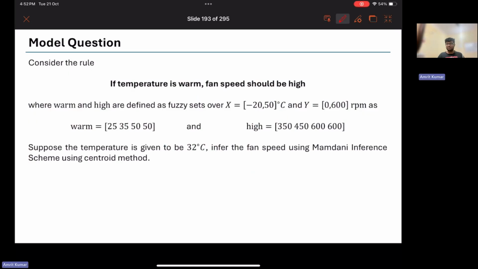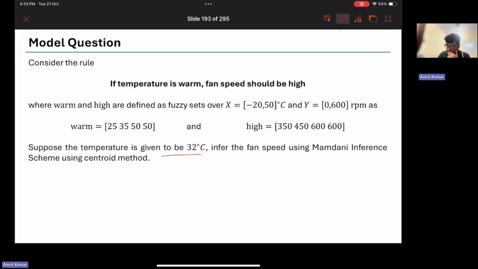Okay, now we have the same question as before, but now we are given a particular input value, namely the temperature equals 32 degrees centigrade, and we are required to compute the fan speed using, of course, Mamdani inference and with the centroid method.